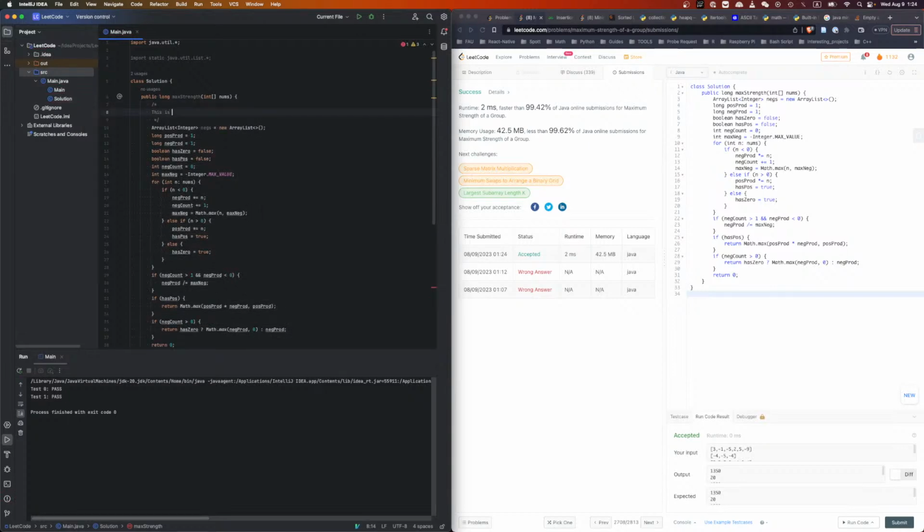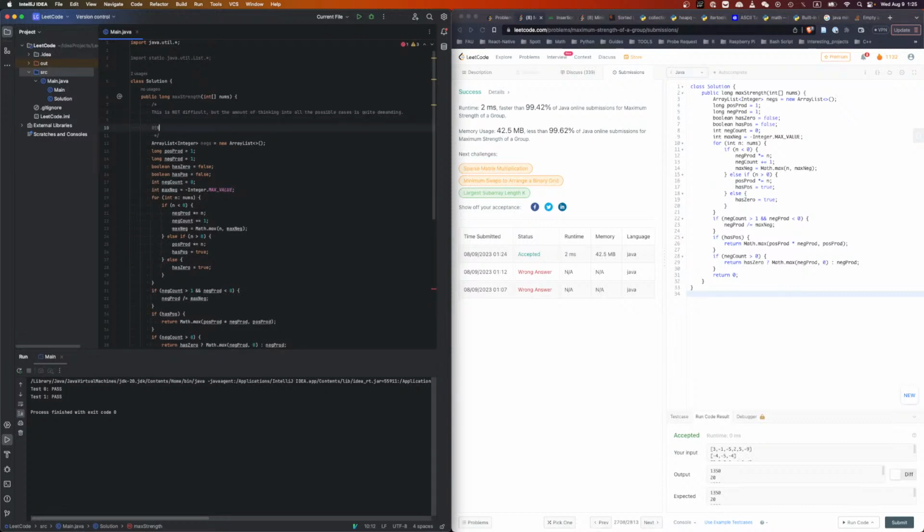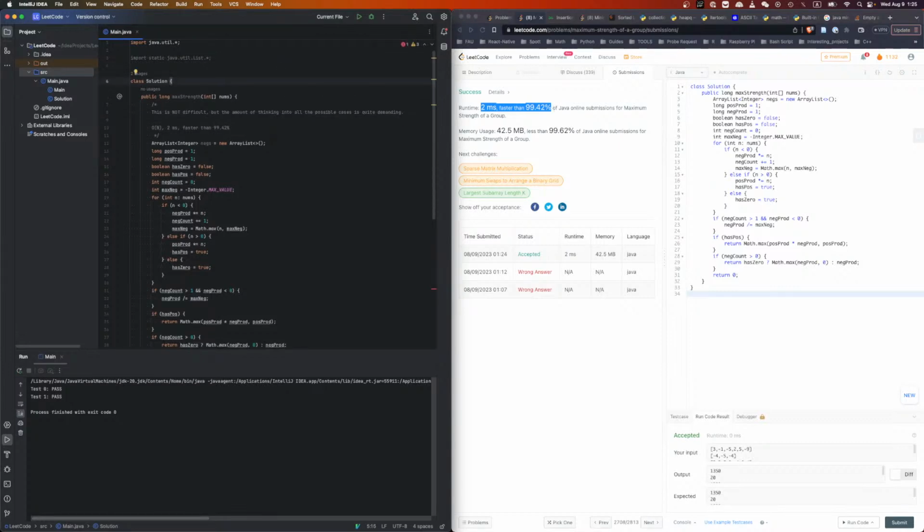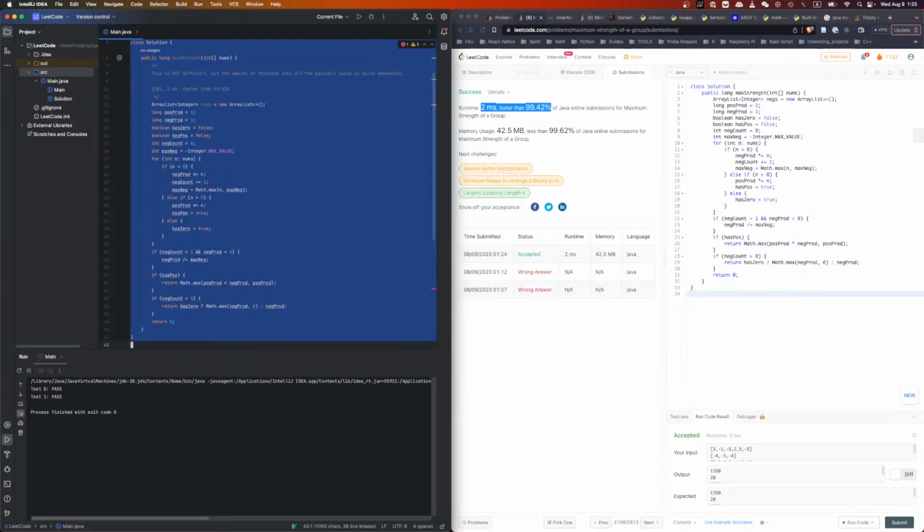The amount of thinking into all the cases, all the possible cases, is quite demanding. Plus it's Java, so you have to add that to your ordeal.